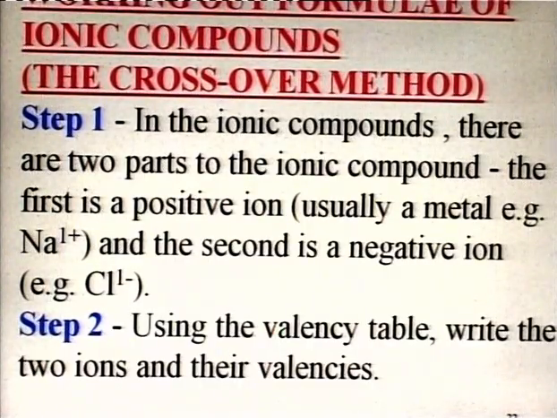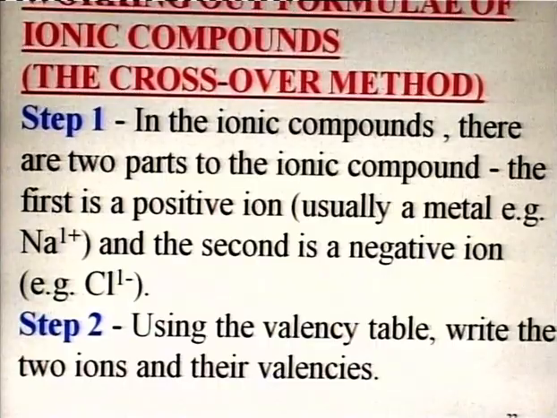Step 1. An ionic compound has two parts, as I have already told. For example, sodium chloride is an ionic compound. It has two parts, one is Na+ and the second is Cl-. One is the cation and the second is the anion.